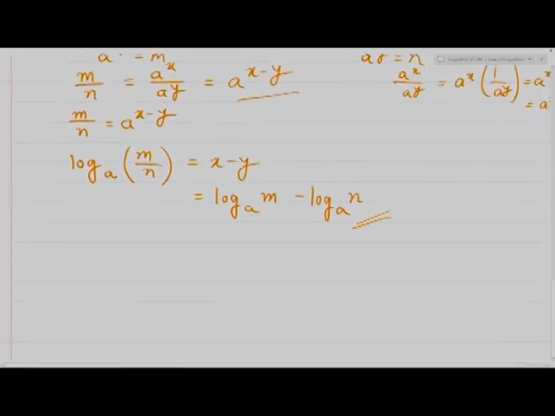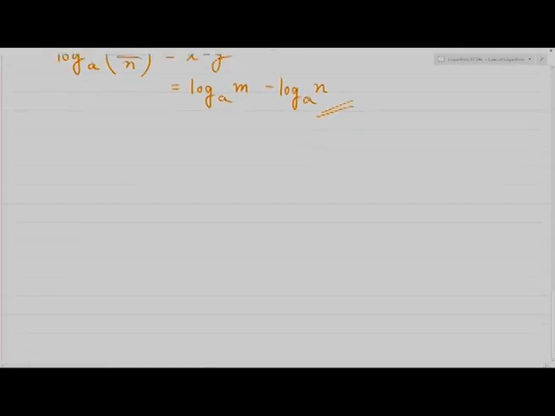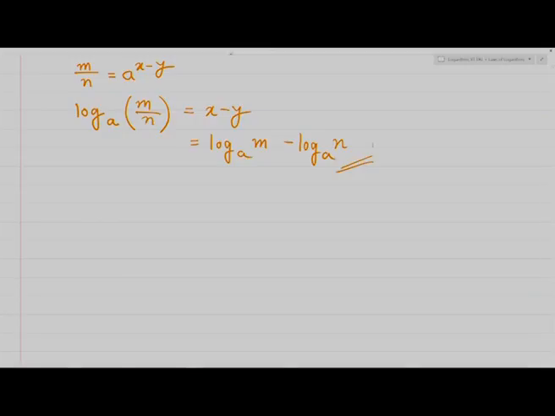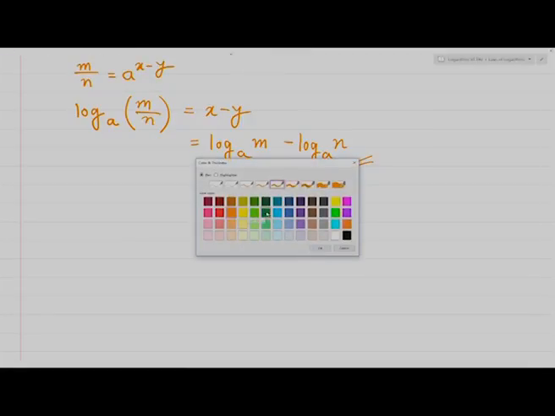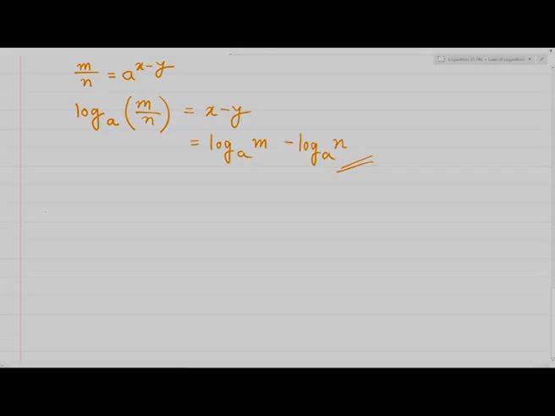A natural extension of this property will be, I will use the green ink, log to the base a of m upon n upon p upon q. What will this be equal to?